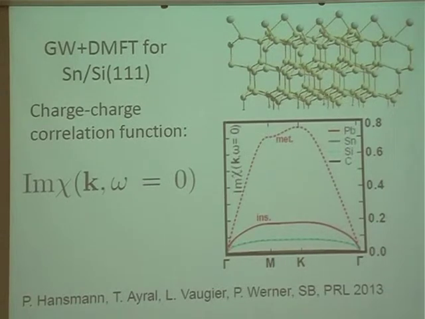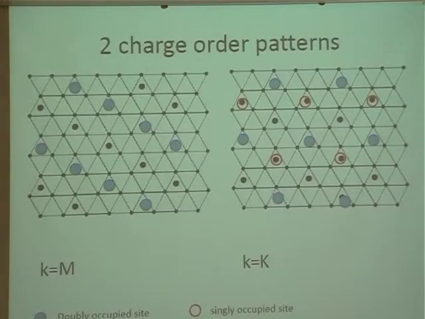This charge correlation function would indicate your tendencies to charge fluctuations with a specific wave vector. That means announcing some kind of charge ordering, right? And if I look at what these wave vectors correspond to, at the K point that corresponds precisely to this ordering pattern with 2, 1, 0, whereas at the M point, that corresponds to a stripe order that you could also develop.